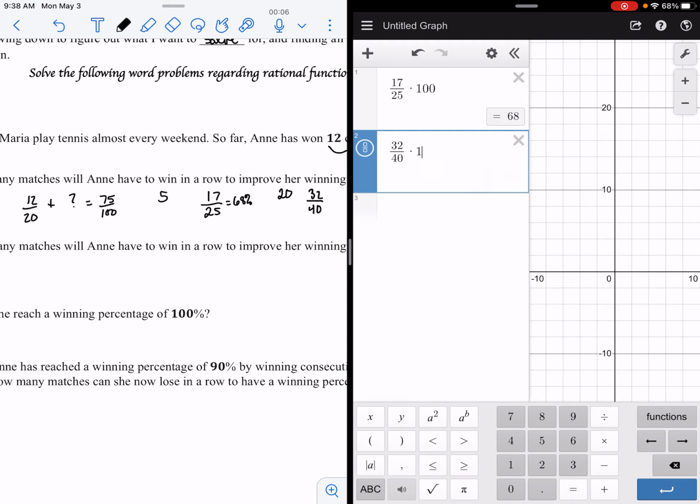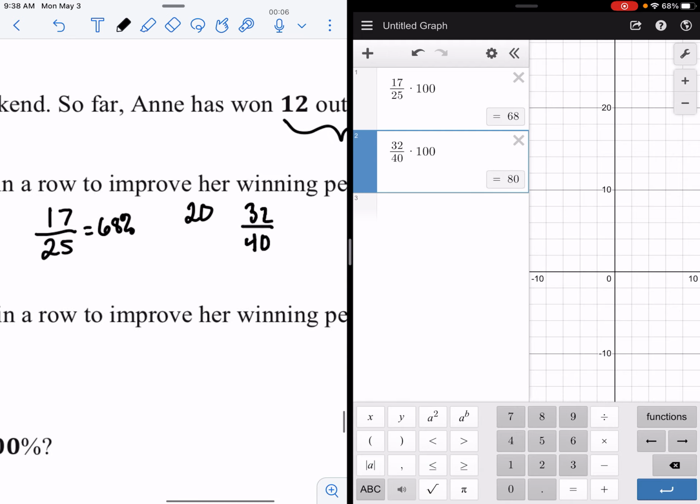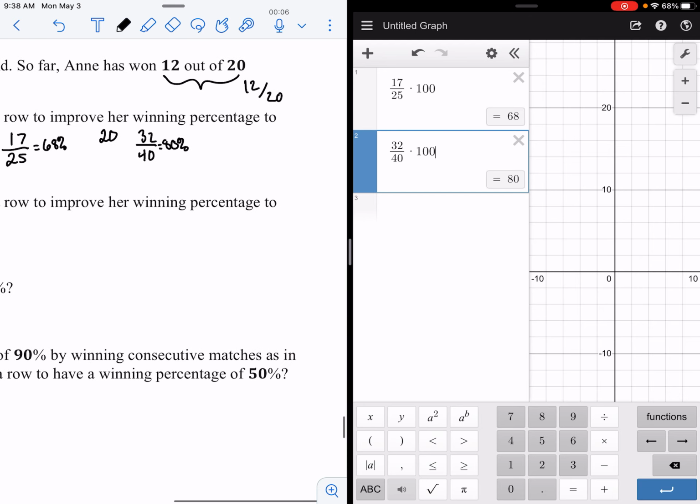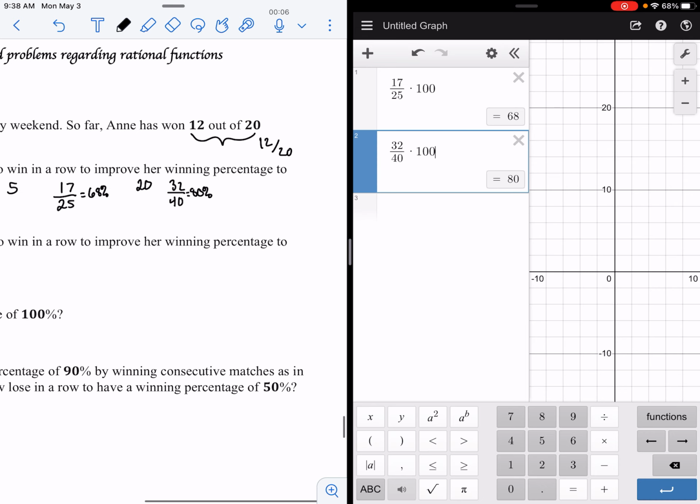Multiply this times 100, and this is 80. So this is too much, and 5 was too little. So I know my answer is going to be between 5 matches and 20 matches.